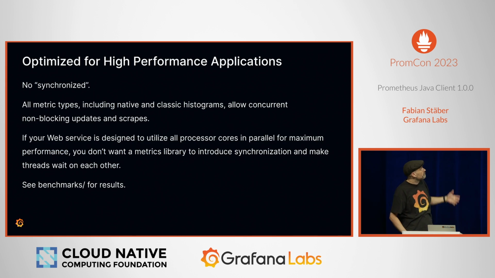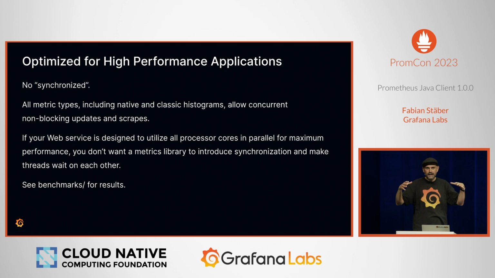And the last thing is, you don't really need to know this because it just happens under the hood, but it's a cool feature. All of the metric types, including the new native histograms, support concurrent updates under the hood, right? So if you have a multi-threaded application, all the threads can update the data structure at the same time. And this is important because I don't care about a single-threaded scenario, right? If you write an application and decide to use only one single processor core of your server, then you're probably not writing a high-performance application anyway.